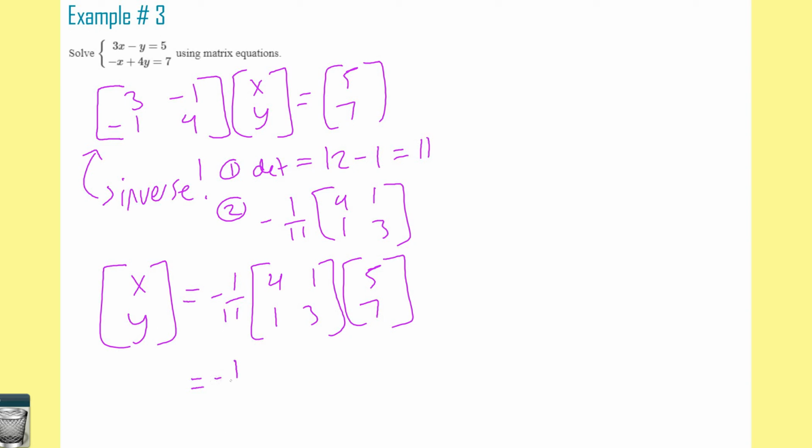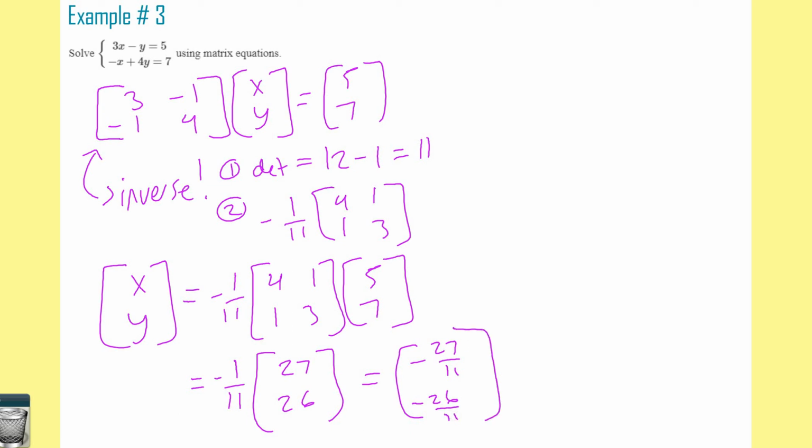So I save my scalar for last because I don't want to deal with fractions. So let's see, we get 27, and we get, these are gross, 26. So here, x and y are going to equal negative 27 over 11 and negative 26 over 11.